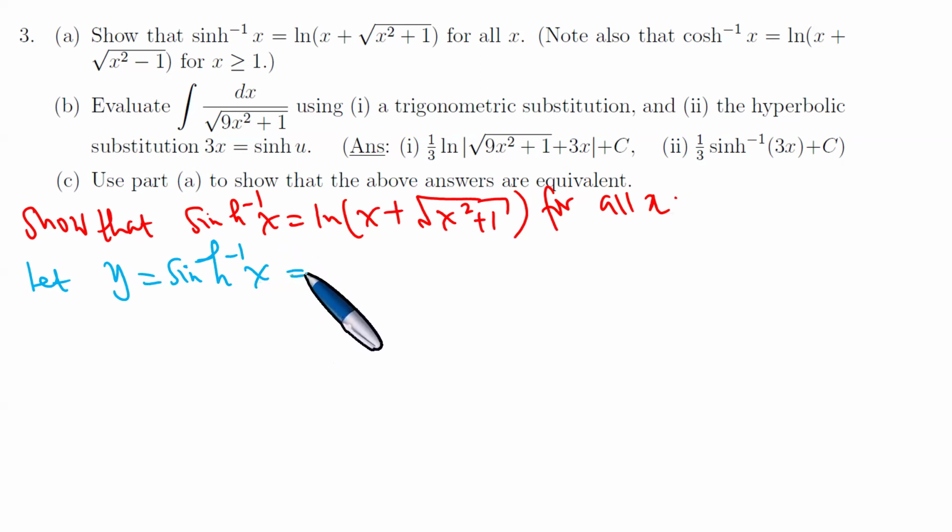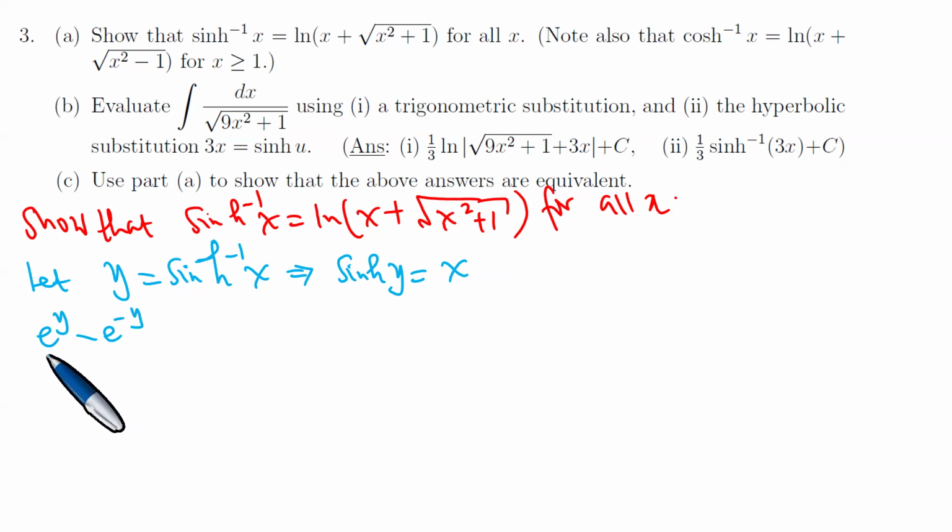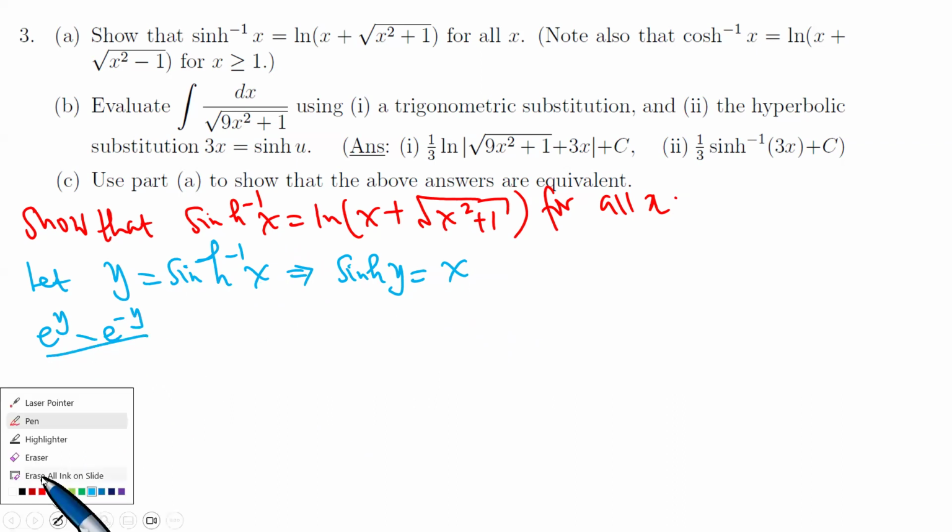If y is the hyperbolic arc sine of x, then you can move the hyperbolic arc sine to the left, giving us exactly that x equals the hyperbolic sine of y, which is e to the y minus e to the minus y divided by 2.